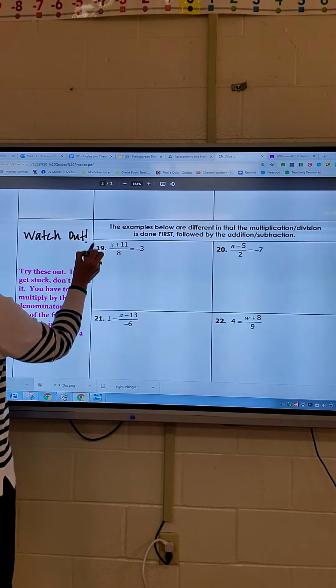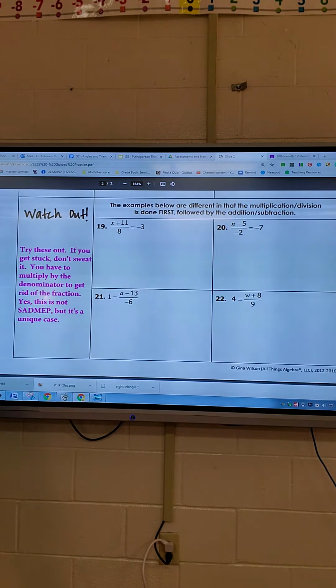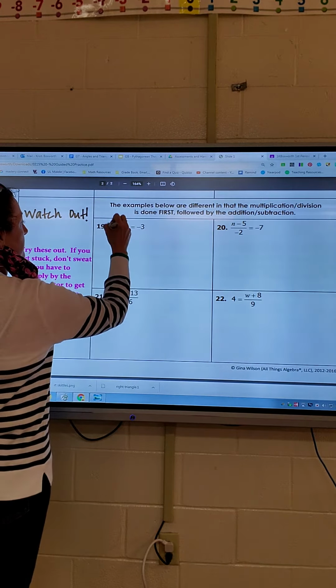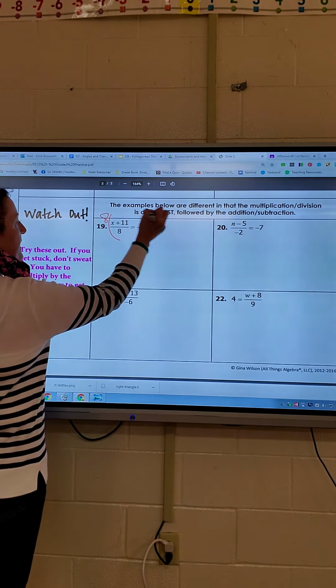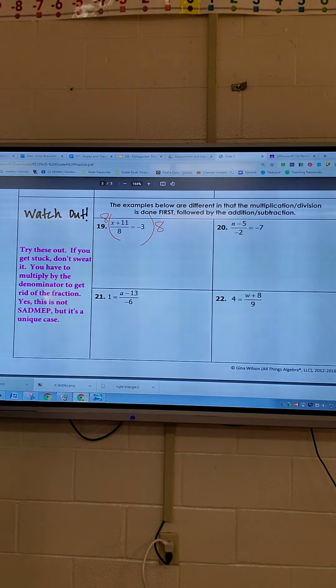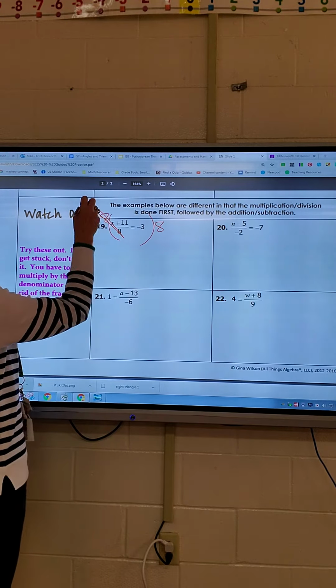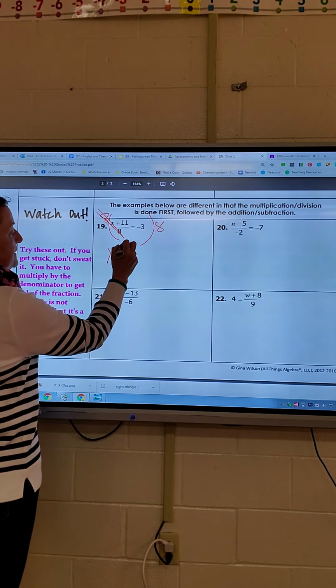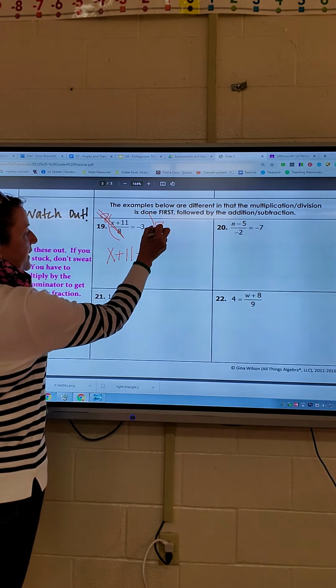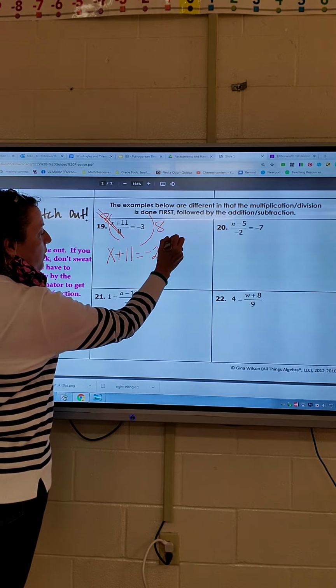So I'm going to multiply by an 8 here and an 8 here, okay? What that does is that ends up giving me a 1 right there. And I get x plus 11 equals negative 3 times 8 is a negative 24.